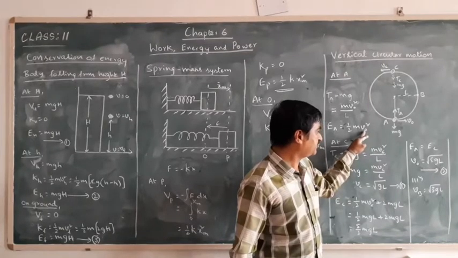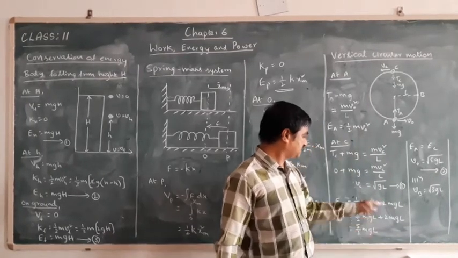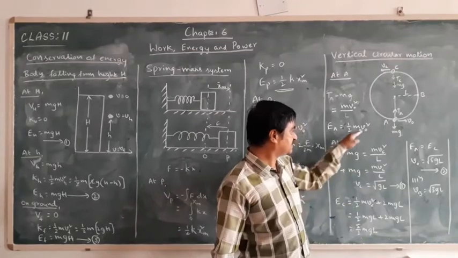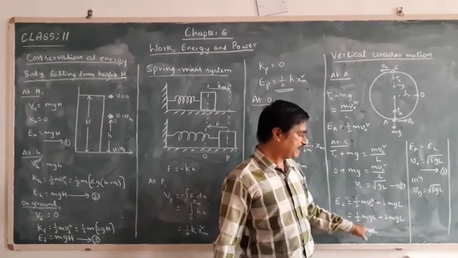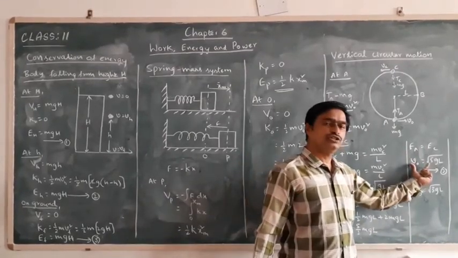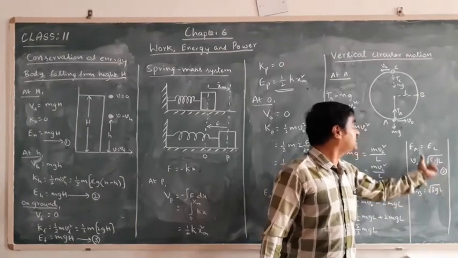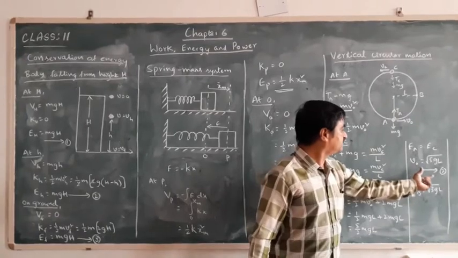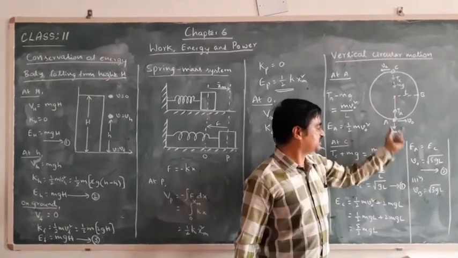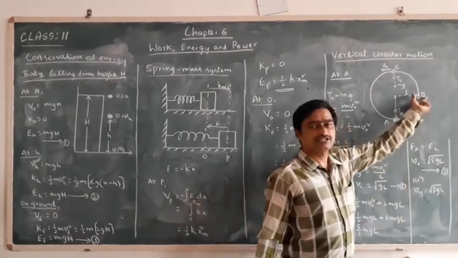See here, we have to calculate v0 square. Equating these two terms, m gets cancelled, 2 gets cancelled, then v0 square is equal to 5gL. Then we get v0 is equal to root of 5gL. This is the velocity at this position. Okay, at this position. Now similarly we can calculate the velocity at this one.